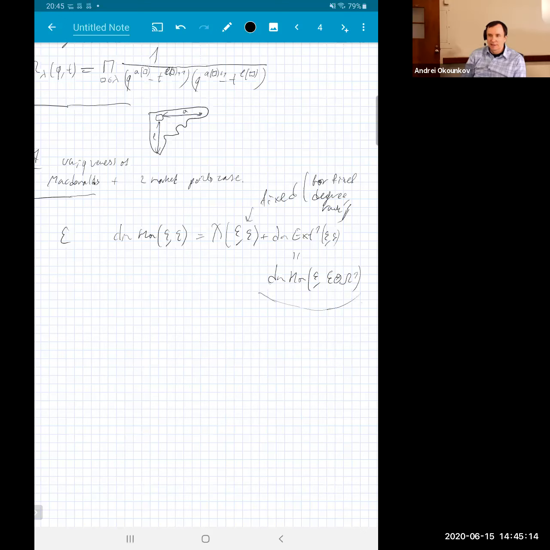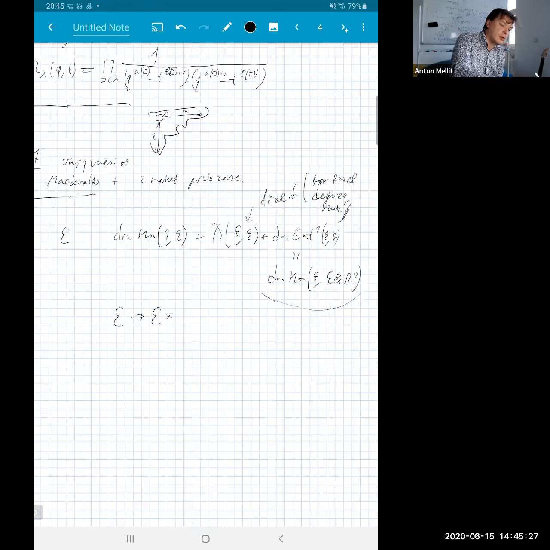But it's better, for instance, to take something a little bit more positive than Higgs, then there are some nice formulas for this.